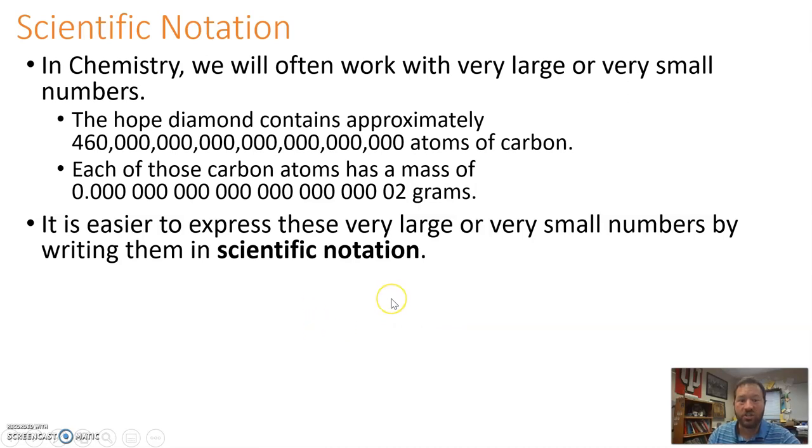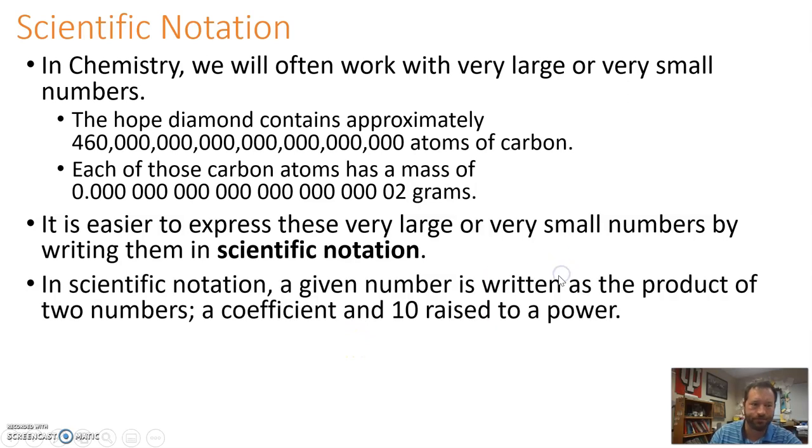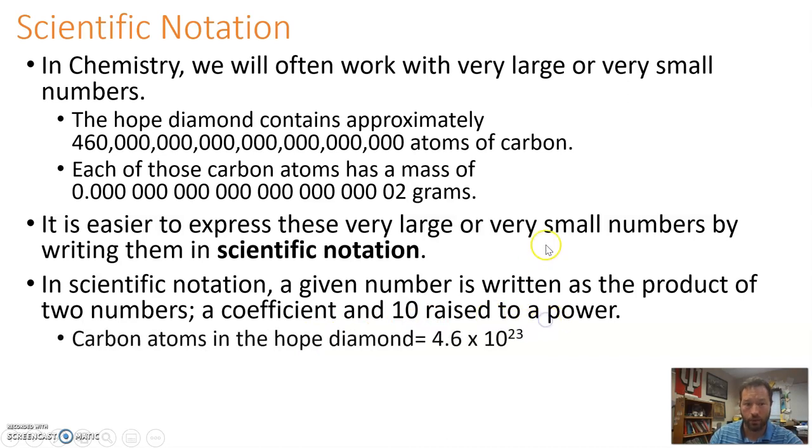It's going to be a lot easier for us to express these very large or very small numbers by writing them in scientific notation. In scientific notation, a given number is written as the product of two numbers. Remember, product means multiplied. We're going to multiply a coefficient and 10 raised to a power.